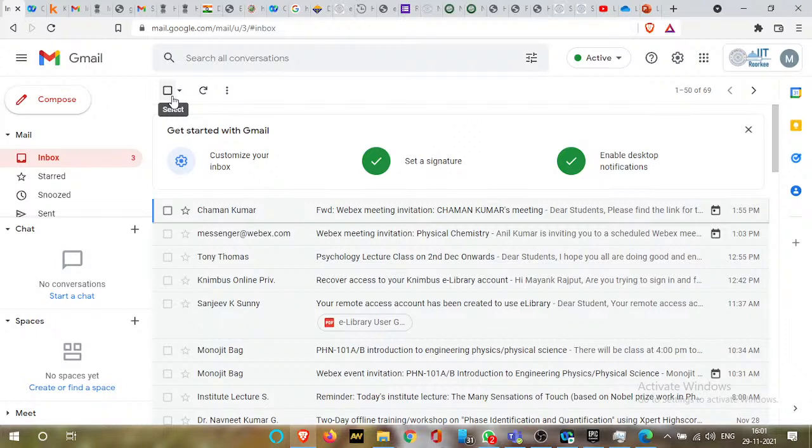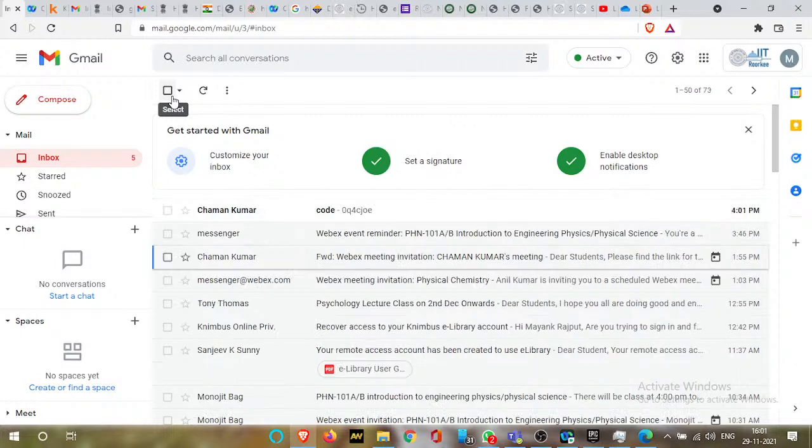Yes, okay, I've received it. I think everybody has. So now, if they use the code, then you won't have to accept the request. They can directly enter. And if someone uses the link, then you'll have to accept the request.